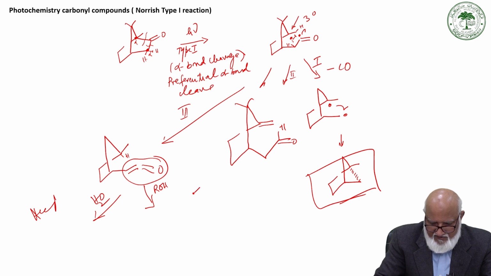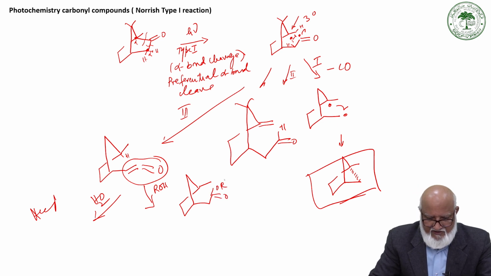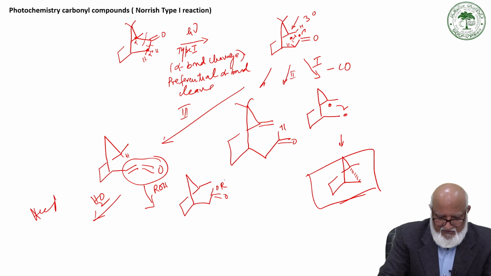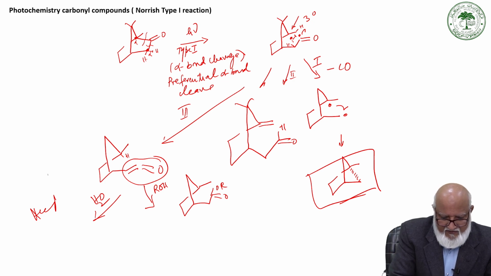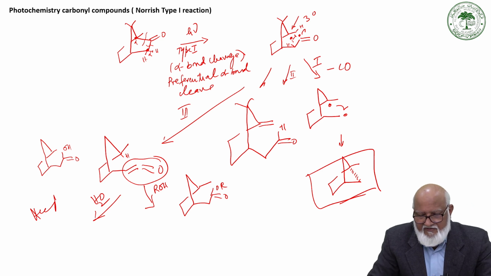We'll just write it in a slightly better way: C double bond O, and then OR. So this is the corresponding ester, and the corresponding acid will be C double bond O, OH. This is the corresponding acid.